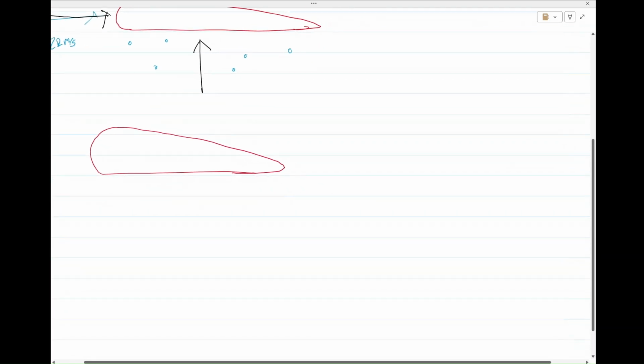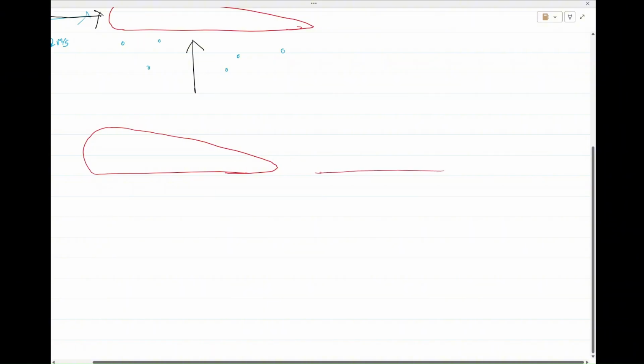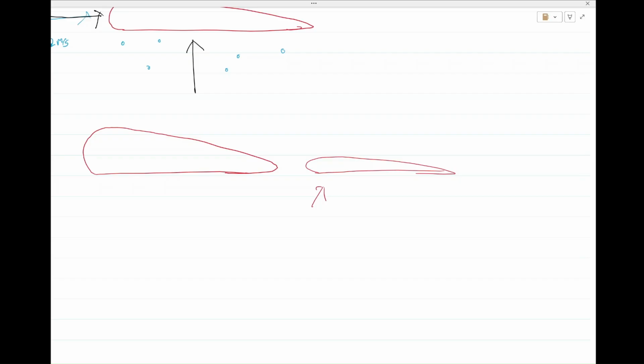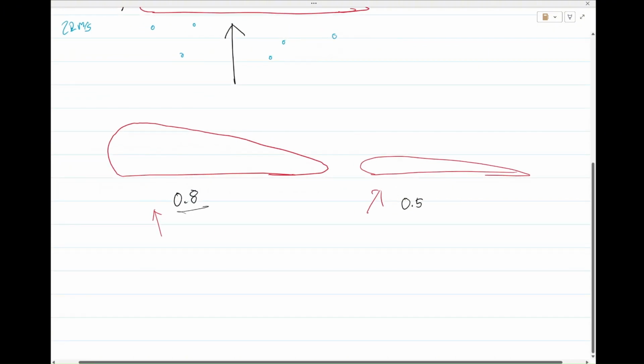Obviously, thickness and a larger leading edge doesn't always mean it's going to be better. But typically, if you take a thin airfoil like this, the coefficient of lift at 0 angle of attack, meaning it's not pitched up at all, is probably going to be, let's say, 0.5. Maybe for this, it's going to be 0.8. So this has a larger coefficient of lift at 0 angle of attack.